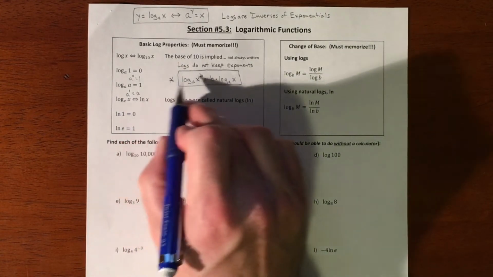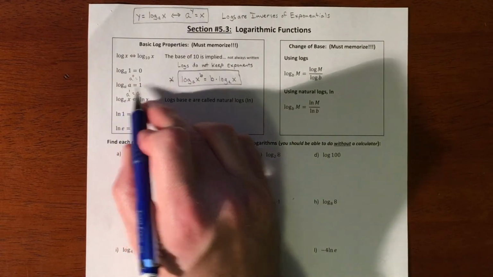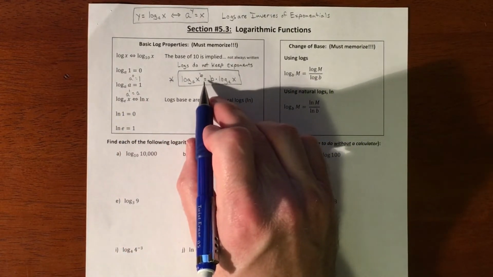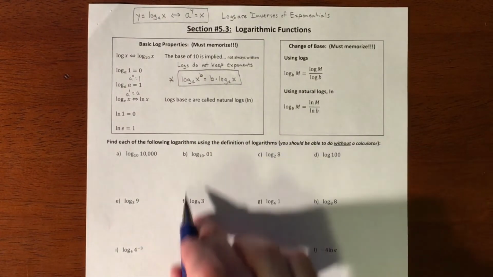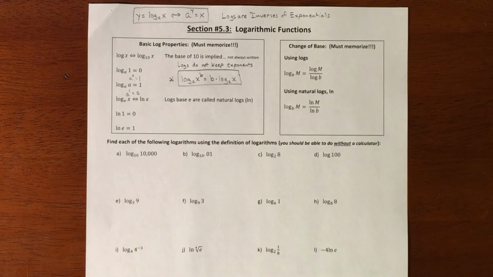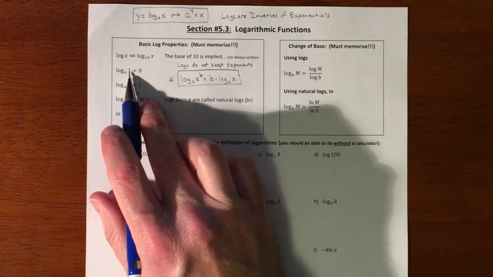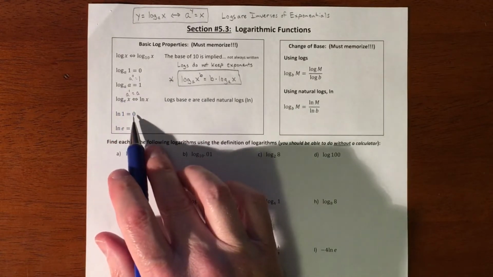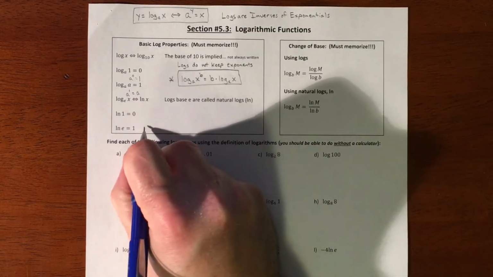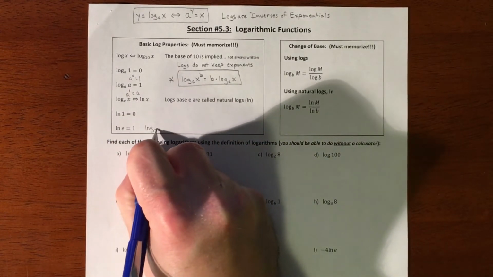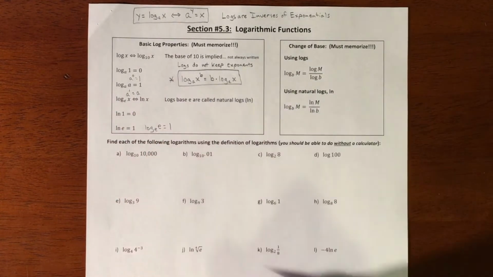These two properties, the base matching the number, and the fact that logs don't keep exponents, are what we're going to use to simplify all of these. All of these are meant to be non-calculator problems. Down here, natural log of 1, or a log of anything of 1, is going to equal 0. And ln of e equals 1, just like this property, because remember that the natural log is really log base e of e. If they match, you're going to equal 1.